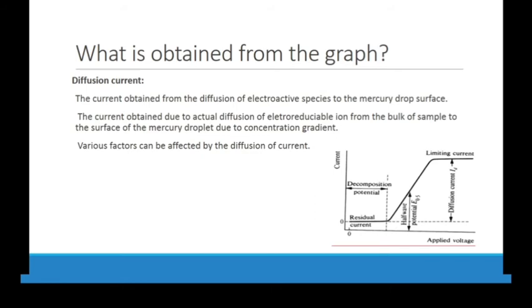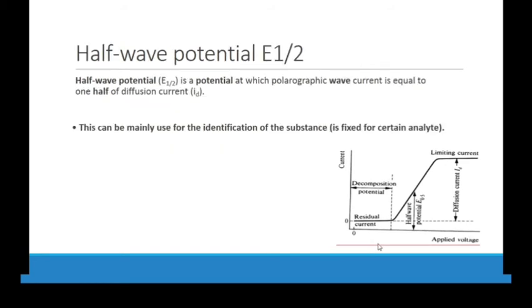Various factors can affect diffusion current. The electroactive species is also very important in terms of diffusion current, and we want this current in our experiments. And now the question is how we identify what type of analyte we have in our sample.